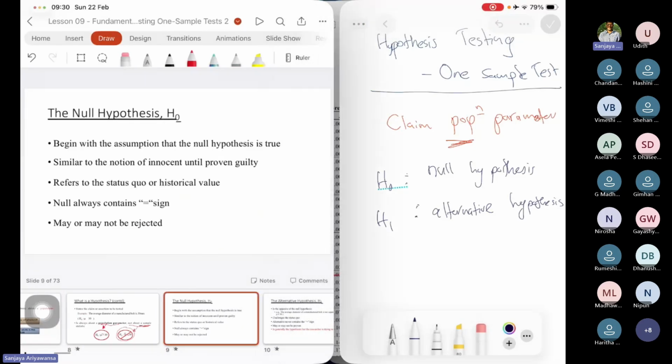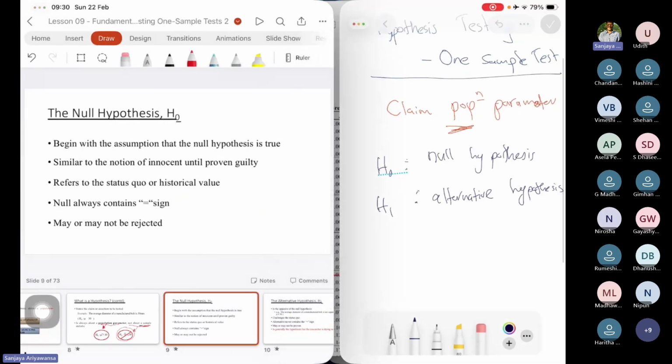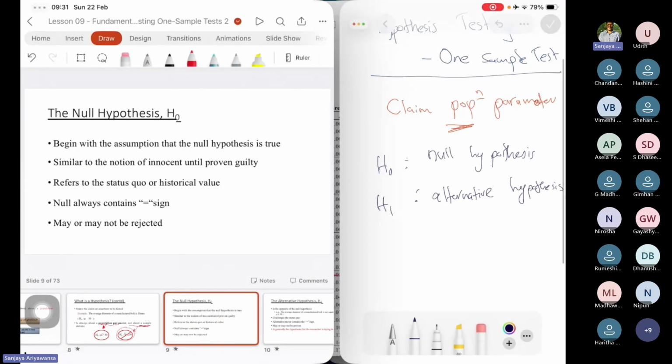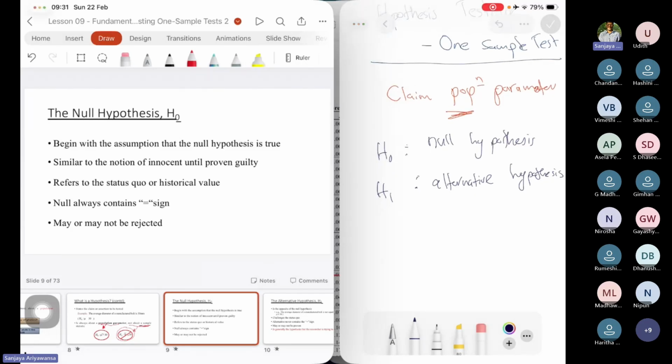The null hypothesis is where you begin with the assumption that the null hypothesis is true. What's important to note is that the null hypothesis always contains the equal sign. What do I mean by the equal sign? Remember, we are making hypothesis claims on a population parameter.